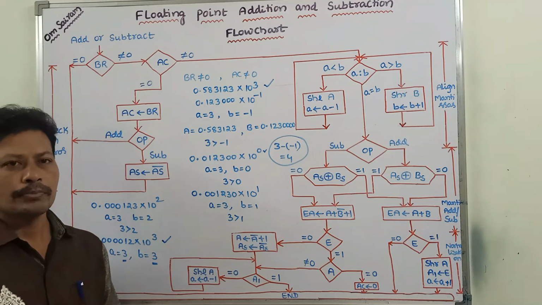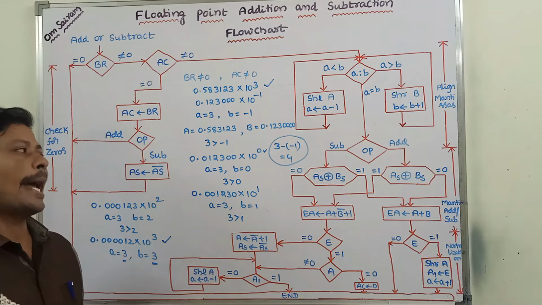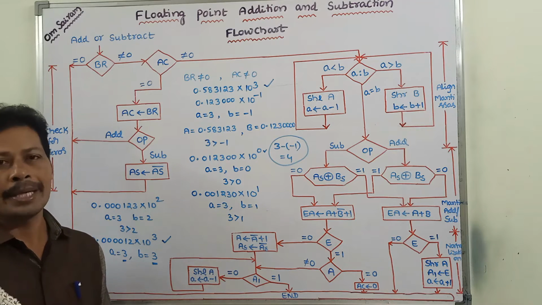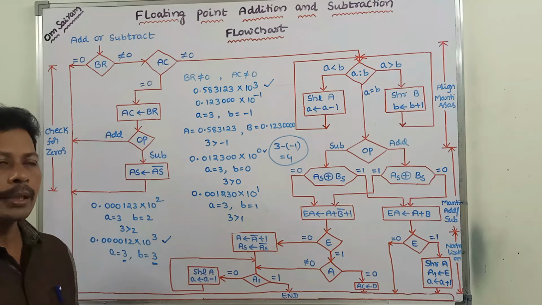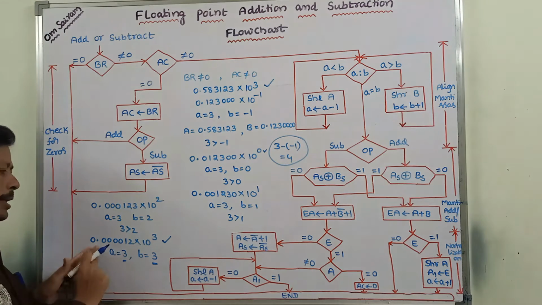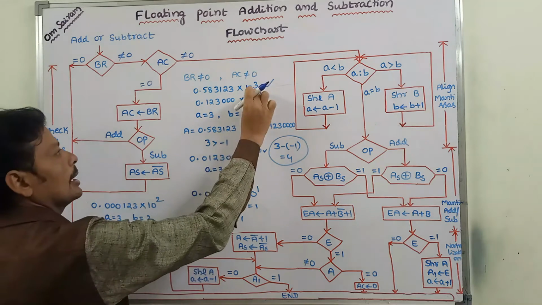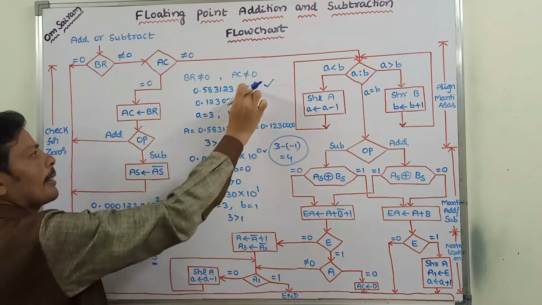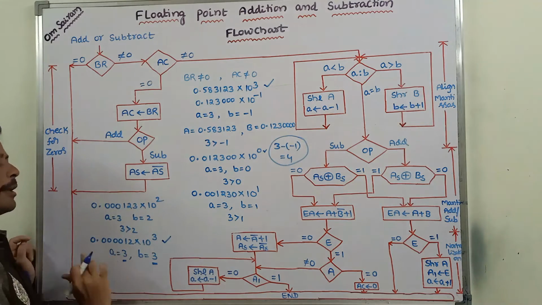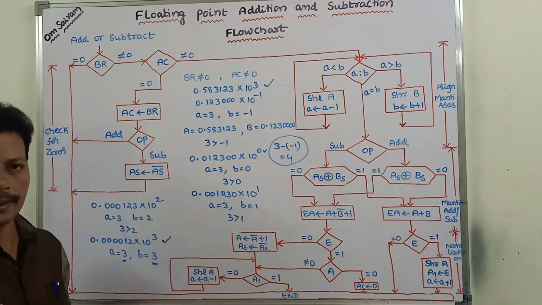Each time we perform the shift right operation, the exponent value of the second floating point number is incremented by 1. Finally, we are getting this one. So now the exponent value is 3, and here the exponent value is 3. Both exponents are equal. Now we are performing the addition or subtraction between the two floating point numbers.